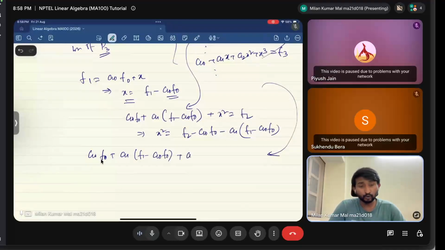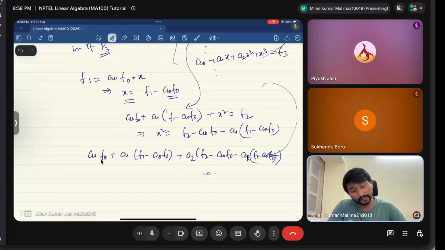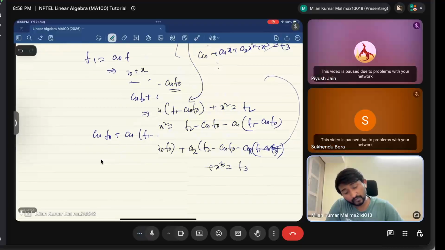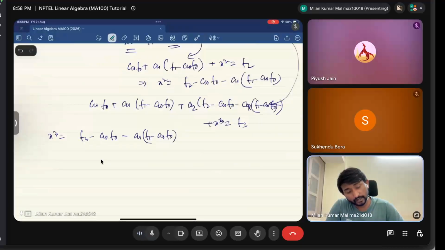Instead of x square, I will write the full sum, f2 minus a naught f naught minus a1 f1 minus a naught f naught.